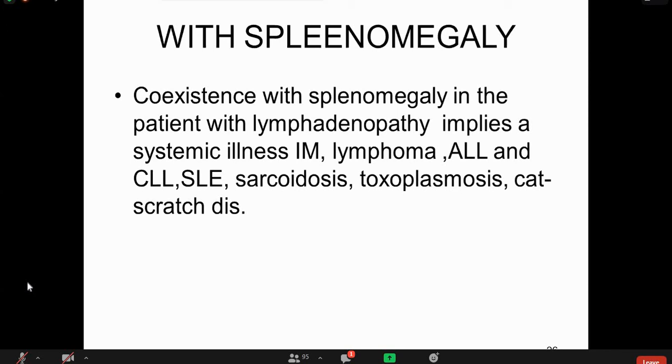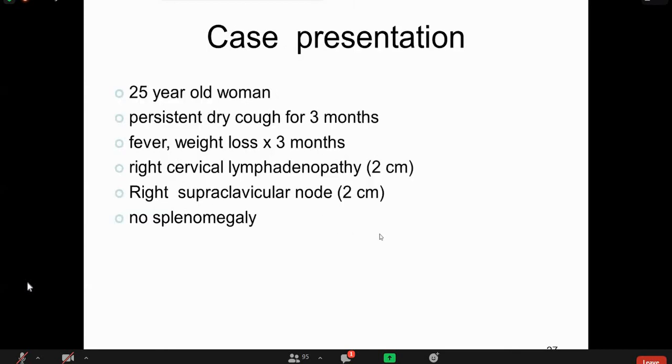Any systemic illness like infectious mononucleosis, malignancy like lymphoma, acute lymphoblastic leukemia, chronic lymphoblastic leukemia, systemic lupus erythematosus, sarcoidosis, toxoplasmosis, and cat scratch disease. So please do not deal with the spleen as a separate entity. Every time you examine a lymph node, focus on the spleen as well because it is going to narrow your differential diagnosis.